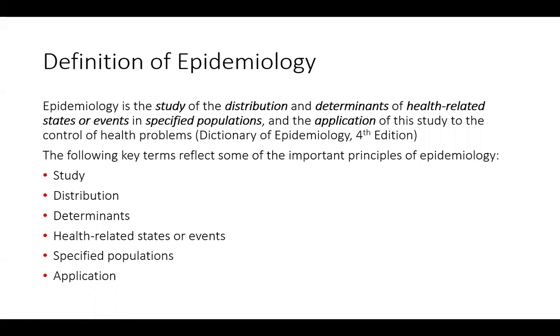As a physician tries to solve the problems of an individual, similarly, an epidemiologist does the same with the population. For an epidemiologist, the patient is not an individual. The patient is the population or the community. So what we mean by specified populations is not an individual, but the community or the population as a whole.